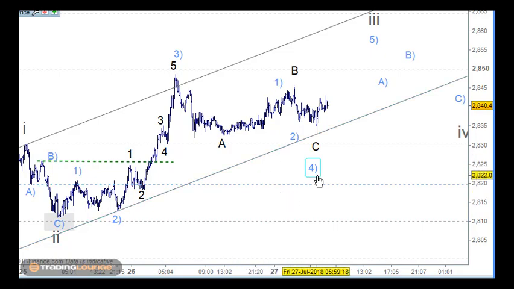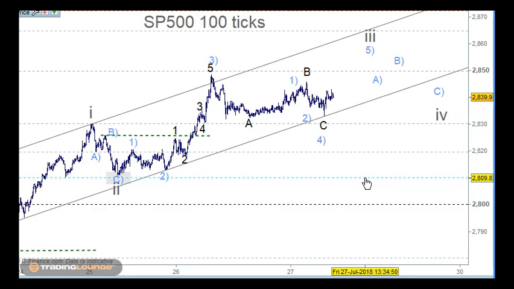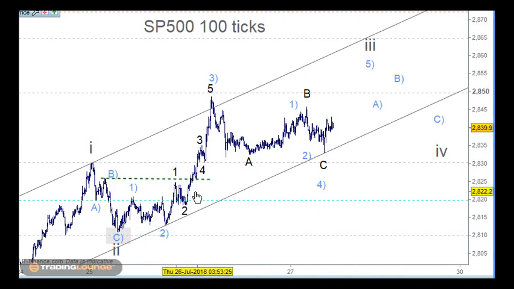Now, this move here is all fine, but we don't want to see 2830 become the retested resistance. There would only be a change in trend if the 2820 became the retested resistance, but the breakdown would be of this one here becoming the resistance here.